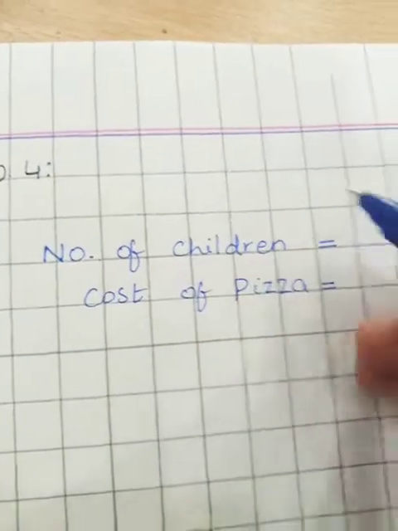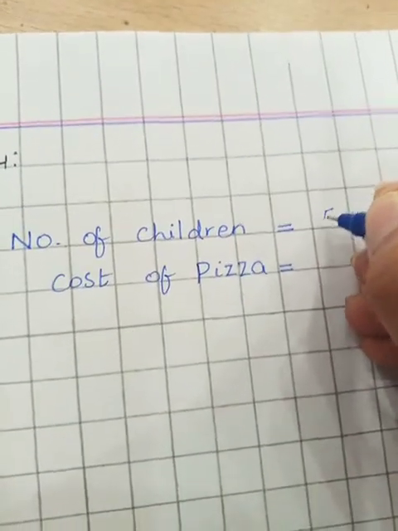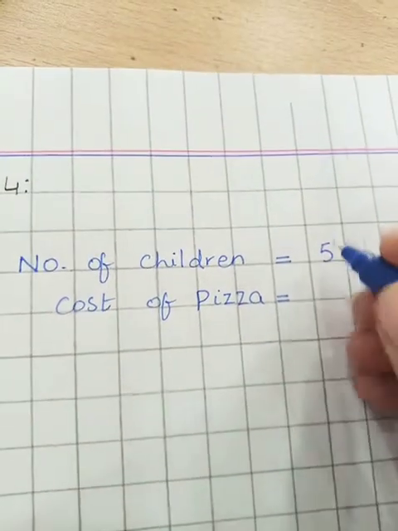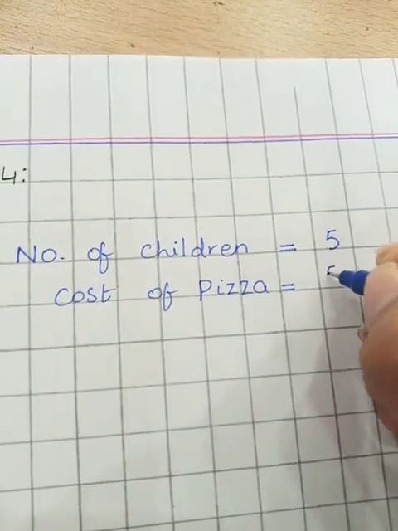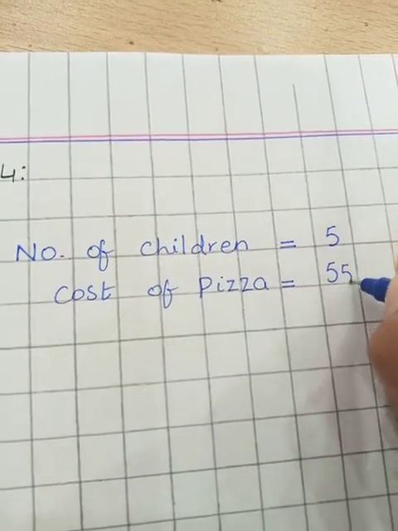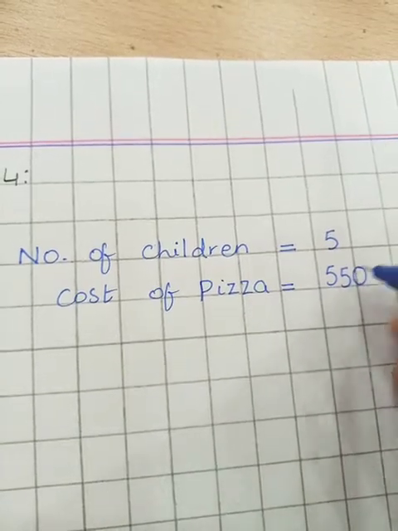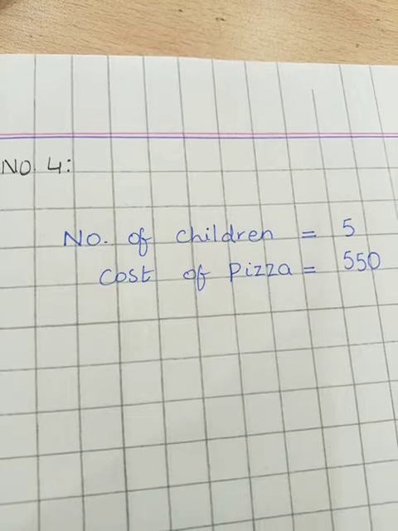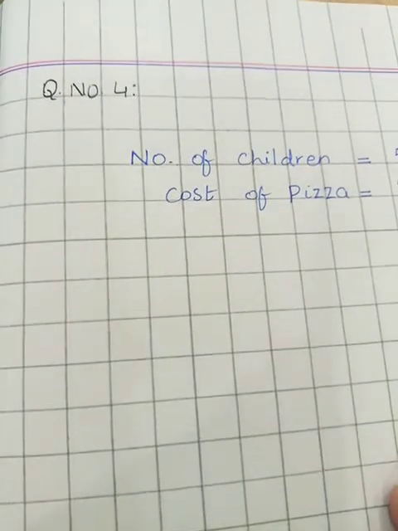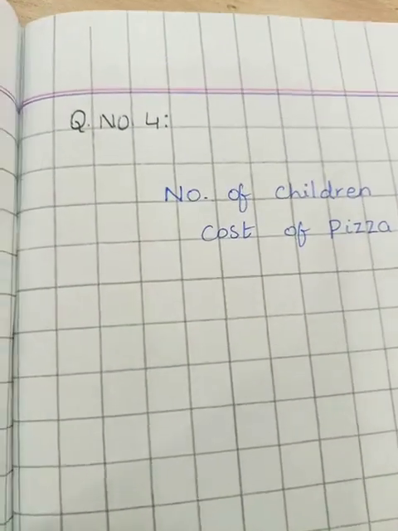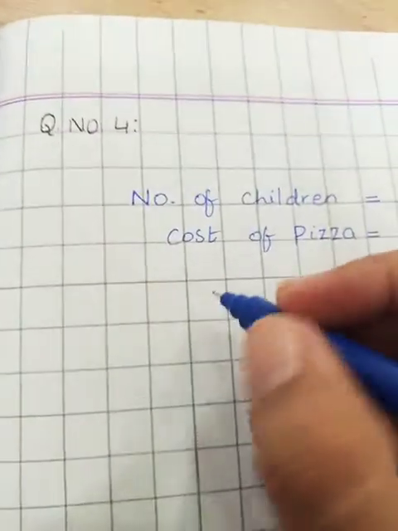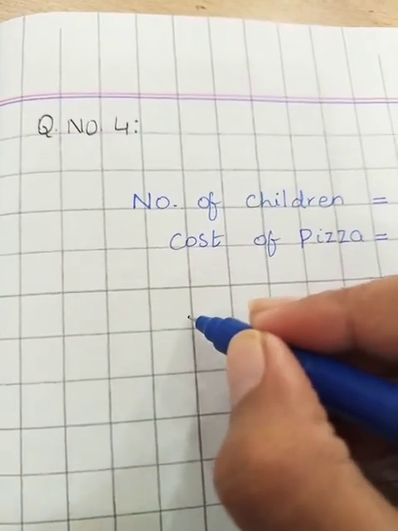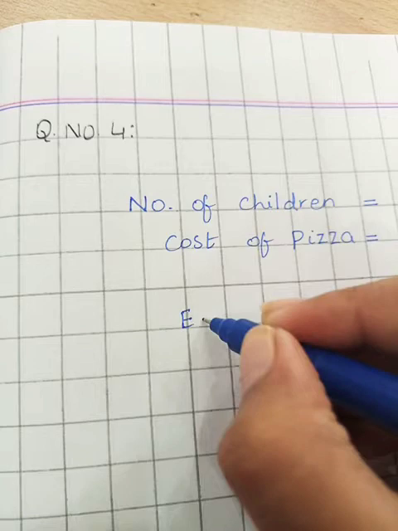Now students, the number of children is 5 and the cost of the pizza is 550. Now in our question portion, we are going to find how much cost each child should pay. Here I am writing the question, each child pays.